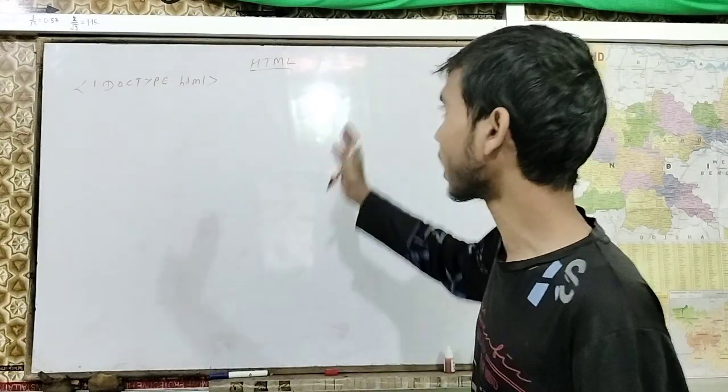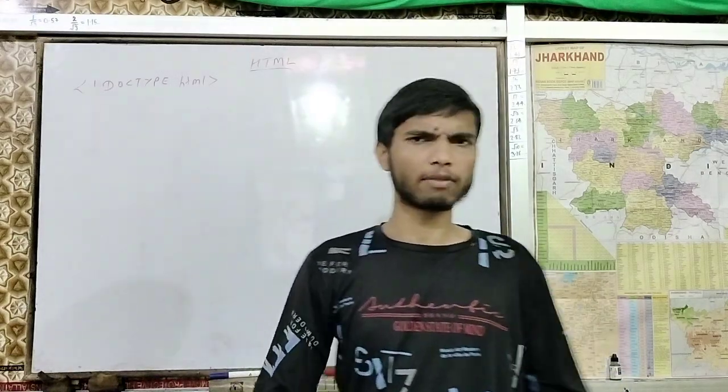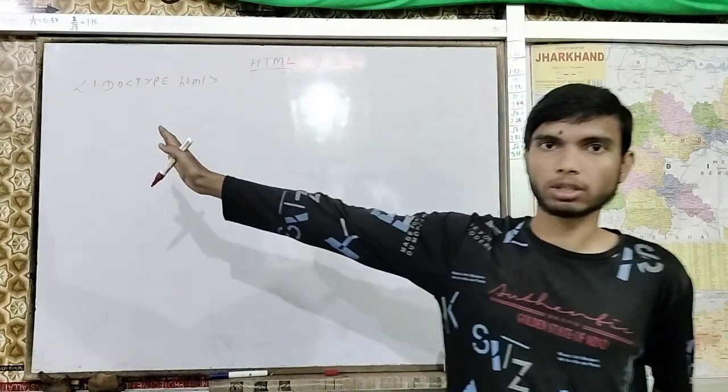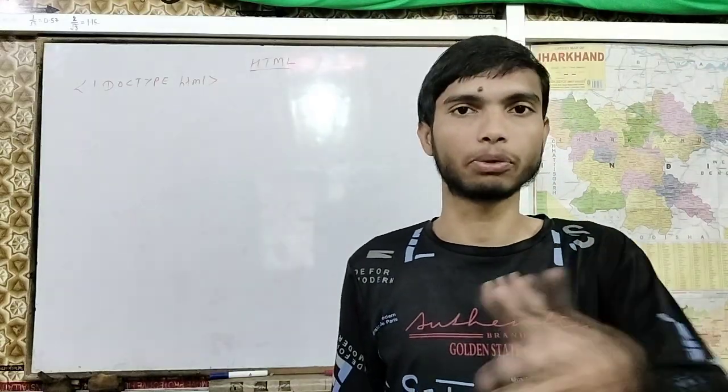We are saying it by the help of this document. The name of this document is doctype HTML, so of course we are using an HTML document. So the work of this tag was to tell the website that yes, this type of document we are using.